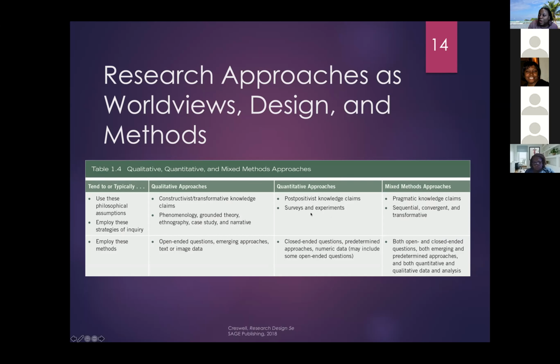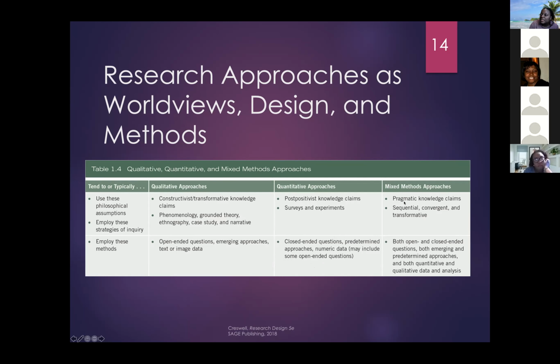So it could be a quasi-experimental design as well, but there are different inquiries that you can use for a quantitative approach. And the methodology for that, you will have closed-ended questions. Remember, it'll be numerical data. And the analysis for that will be statistical analysis and a statistical interpretation of that analysis.